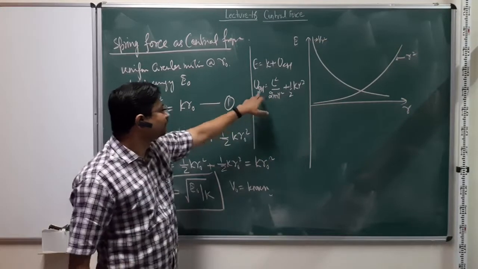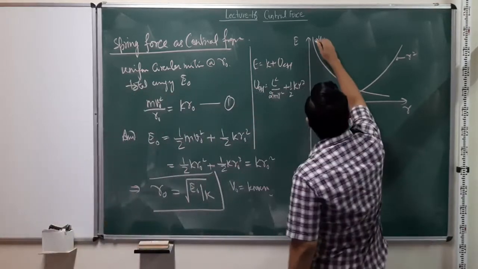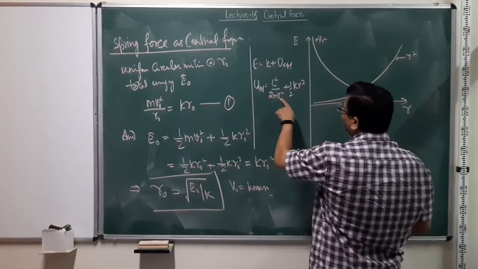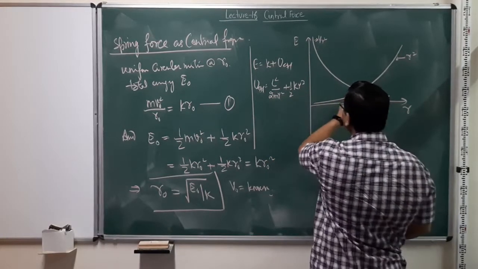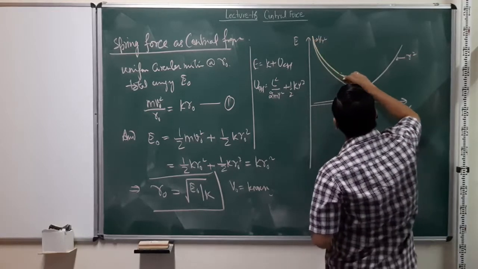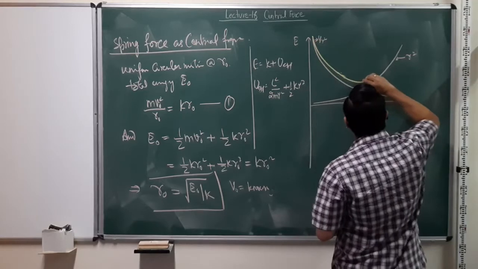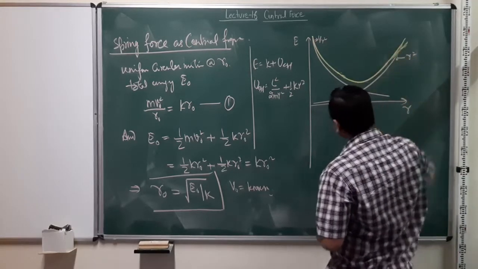These are the two functions, and my effective potential would look like a combination of these. At R tending to 0, the R squared term goes to 0 and the 1 over R squared term diverges. At R tending to infinity, the 1 over R squared term goes to 0 and the R squared term diverges. So it starts like this, has a minimum somewhere, and then follows the behavior of the other one.